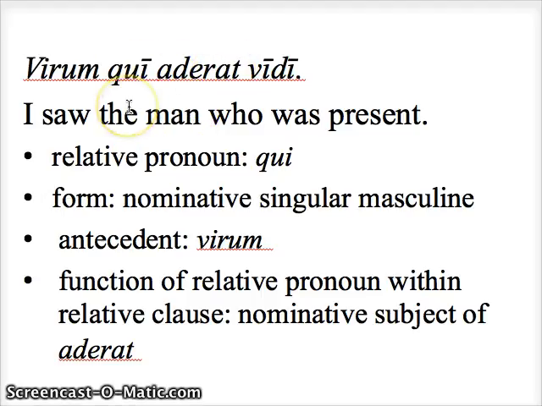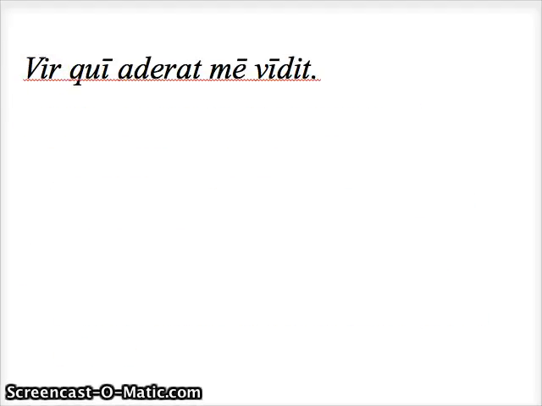The relative pronoun agrees with its antecedent in number and gender. The case of the relative pronoun is determined by its function within the relative clause. Here it is the subject, therefore qui is nominative, even though virum, direct object of vidi, is accusative. Vir qui aderat me vidit.